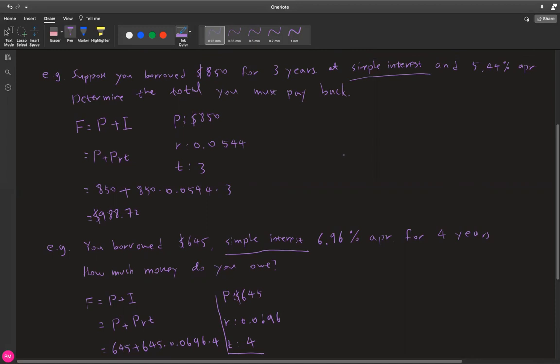It's not going to be hard, but you would have to make an executive decision on what type of interest it is. Usually the problem will state exactly what type of interest it is, so look for these words. If it says simple interest, you know exactly what formula you're using.